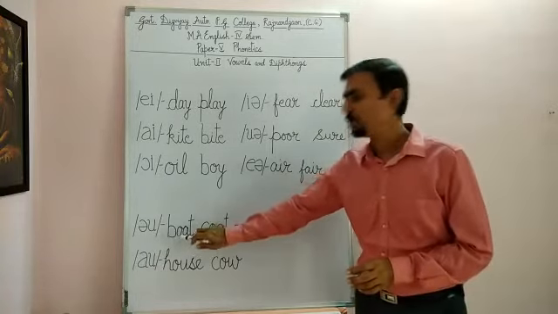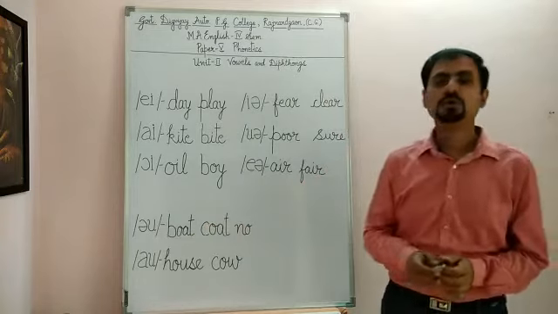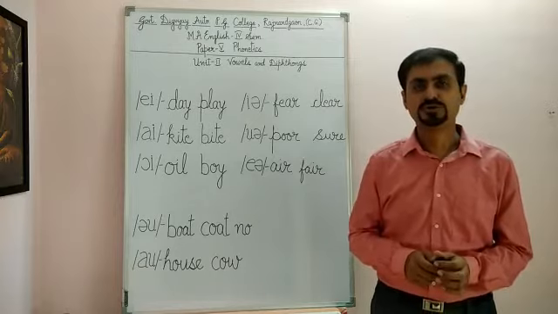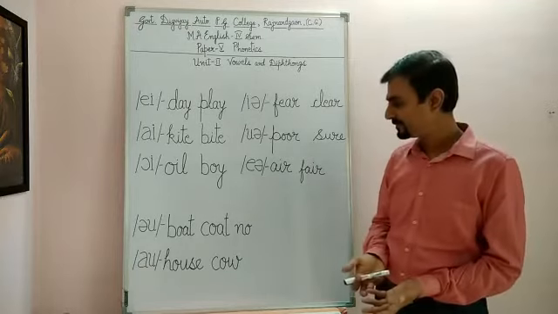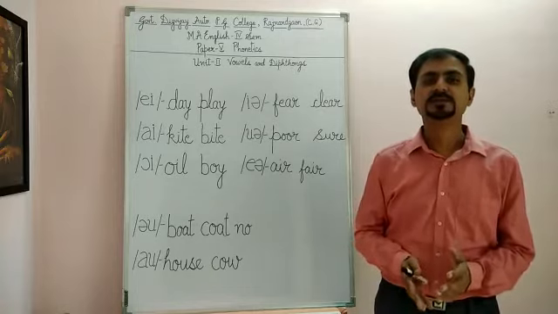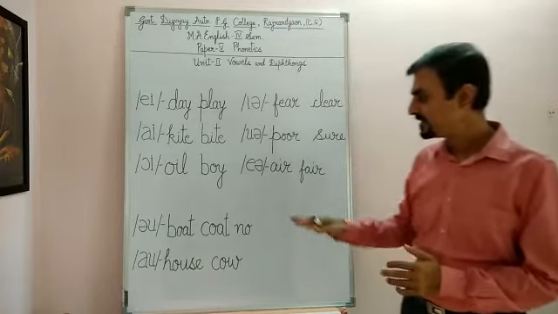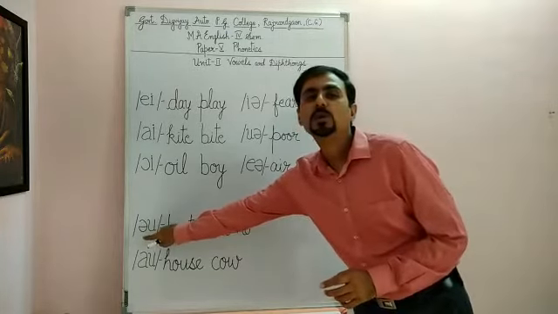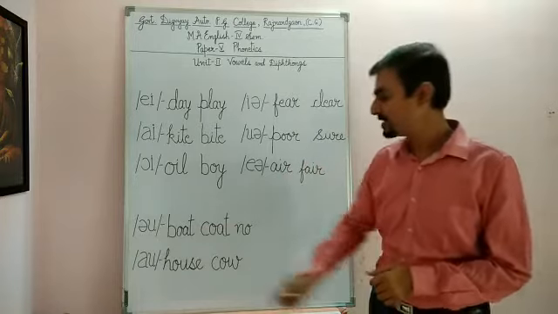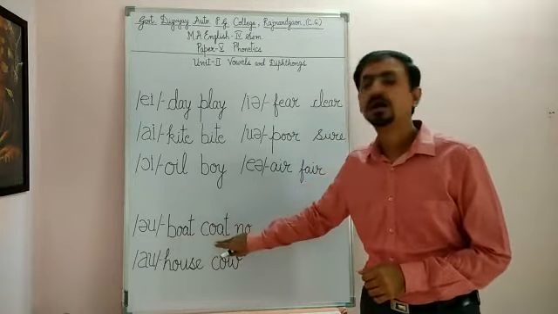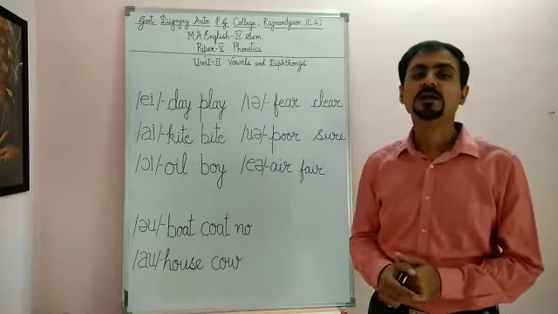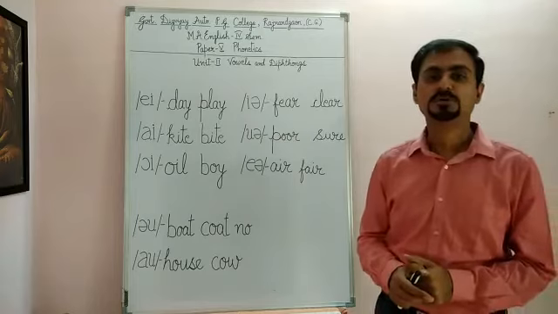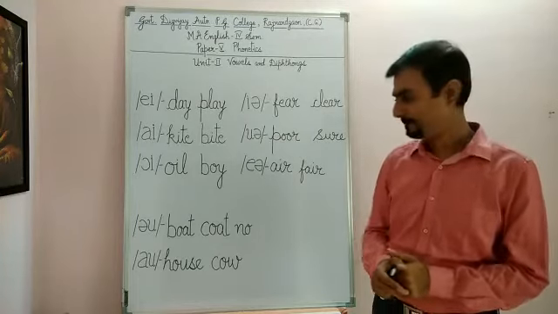So boat and coat, we generally pronounce these as boat and coat, no, no. But after studying diphthongs, we come to know that these words are to be pronounced with the help of the diphthong as O. O as in boat, O as in coat, O as in no. No, no. Coat, coat. Boat, boat.